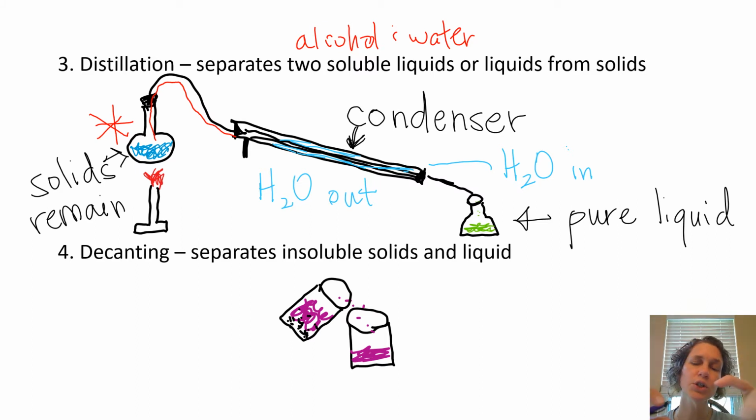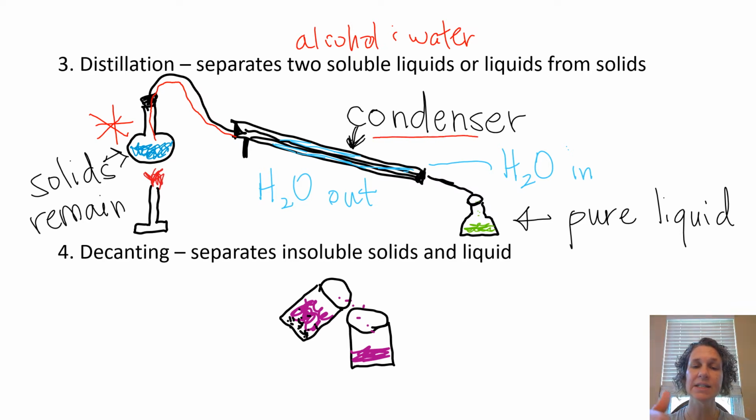A condenser is a tube within a tube, and the alcohol will go into the inner tube. The outside tube is connected to water, like from a sink, flowing through the outer tube. It's cold water, and so the cold water will cause the gas form of the alcohol, in this case, to condense, and that's why it's called a condenser.